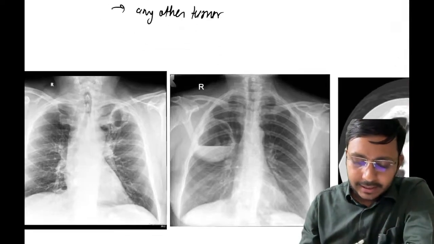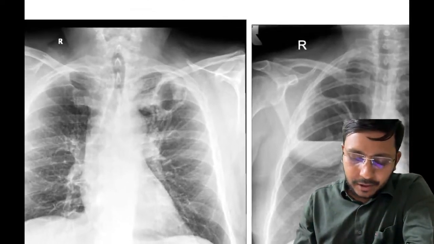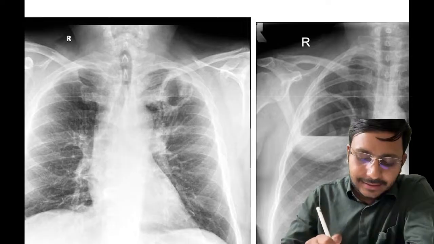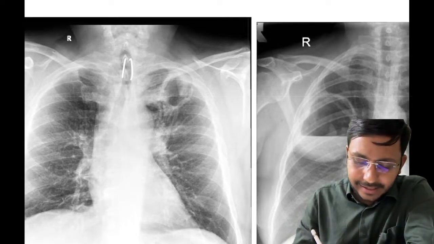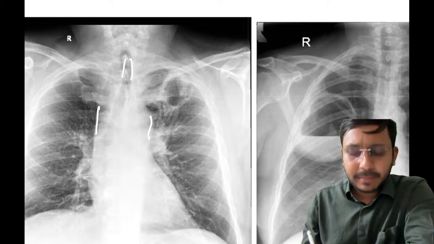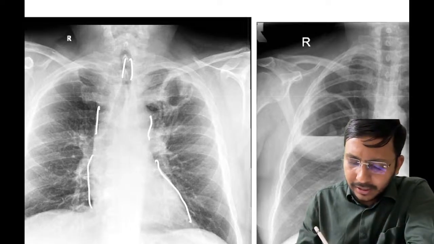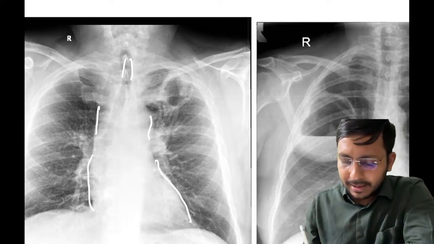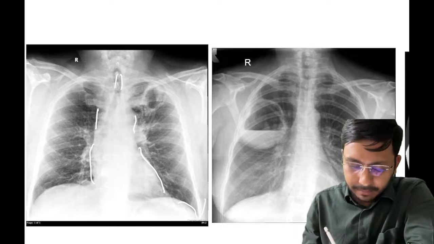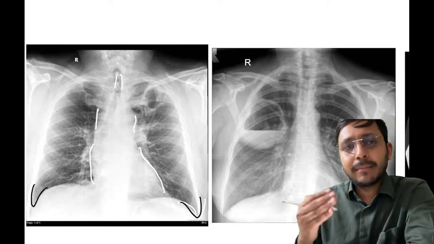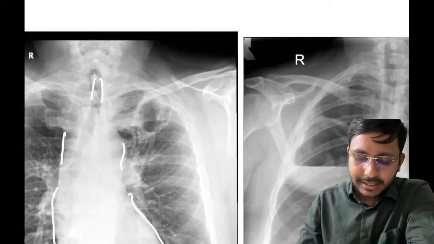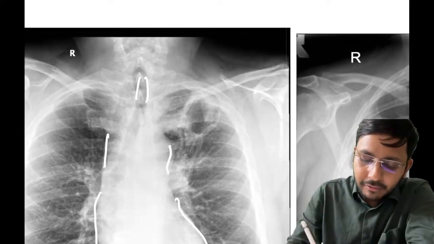Now let's look at this set of chest x-ray. So what do I see here? I can see that the trachea is midline. Cardiac size is a little enlarged on the upper aspect. However, the lower part is normal, so the cardiac size is normal. Bilateral CP angles are sharp. Now let's come to the lungs. The main pathology is in the form of a thick walled cavity.